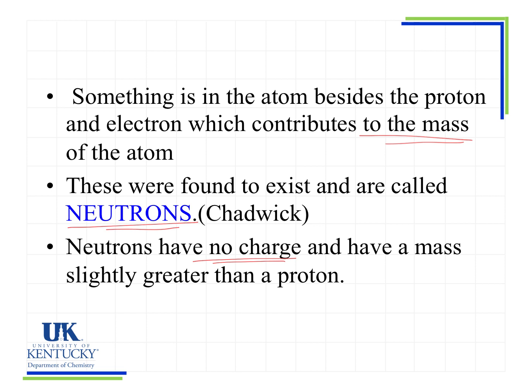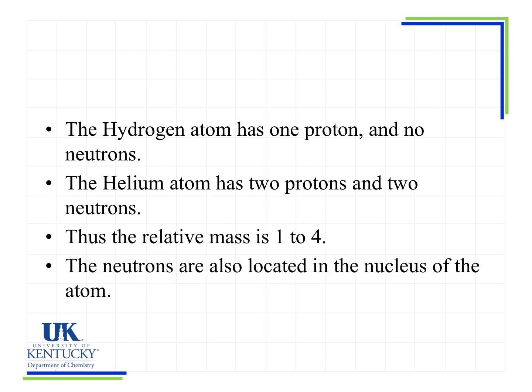The mass of the neutron is slightly greater than the proton, so it's almost like a proton, just slightly greater. So if we think about our first example again, the hydrogen atom, they knew that it has one proton and no neutron. So hydrogen has one proton, one electron, and zero neutrons.